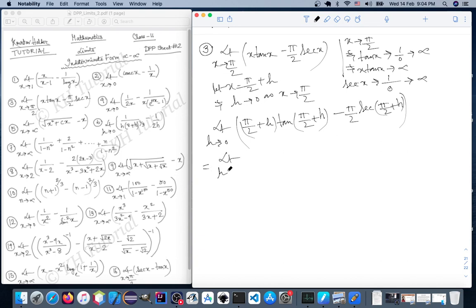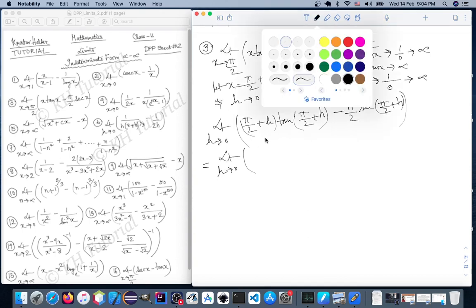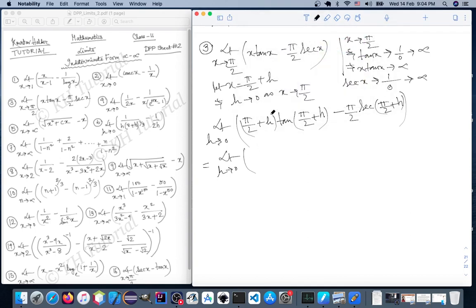So h tends to 0, we have minus pi by 2 plus h cot h, and sec.